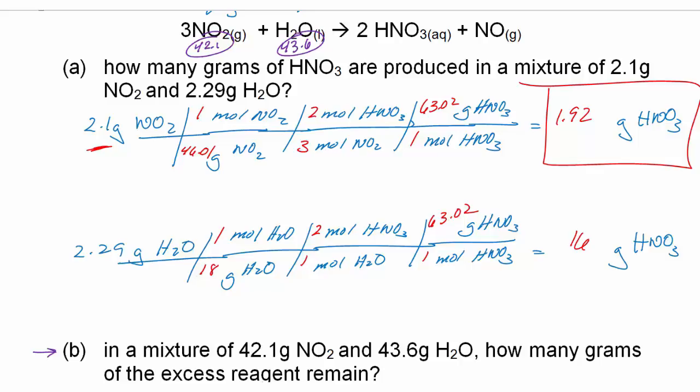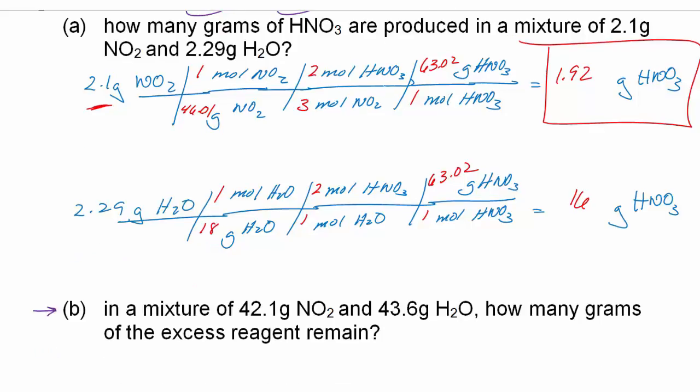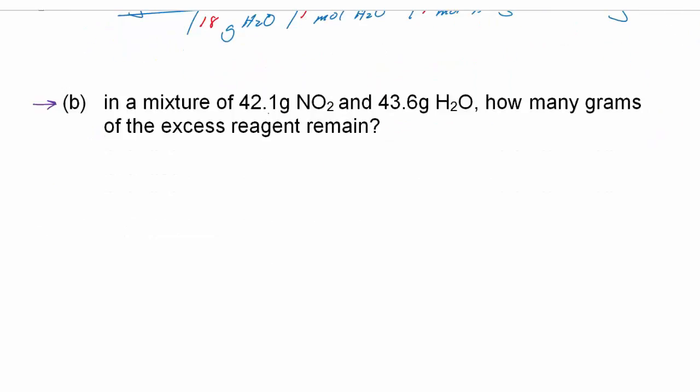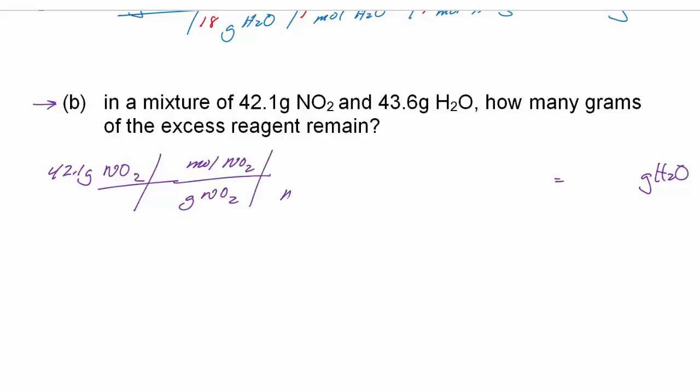Okay, do you remember how we did it? We just picked one of them and converted it to the other compound to see if we have enough. Okay, let's try it. So let's pick one of them: 42.1 grams of nitrogen dioxide. Let's convert it all the way to grams of water and see if we have enough. So we'll start with molar mass, mole bridge.